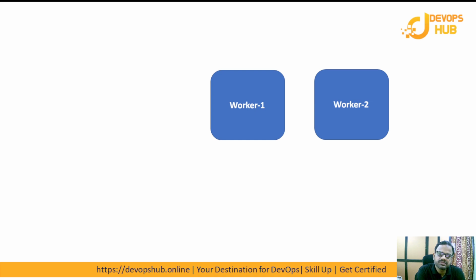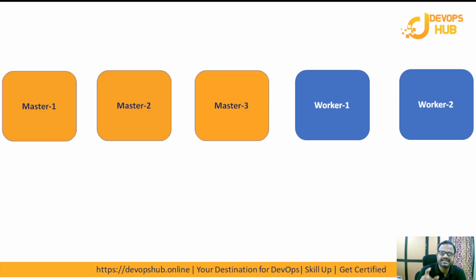Of course, whatever workloads are running on worker node 1 and worker node 2 will still be accessible to the public. But what if you want to query, or create some additional resources? Is it possible without a master node? It's not possible, and that is not desirable. That's the reason today we are making a video on high availability of a Kubernetes cluster, where we are going with not a single master node.